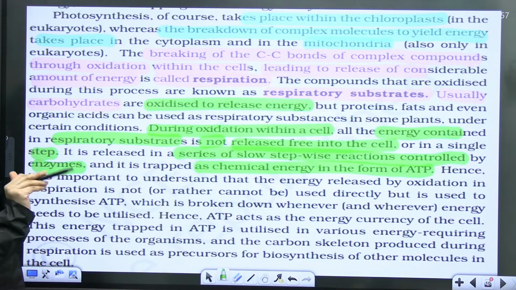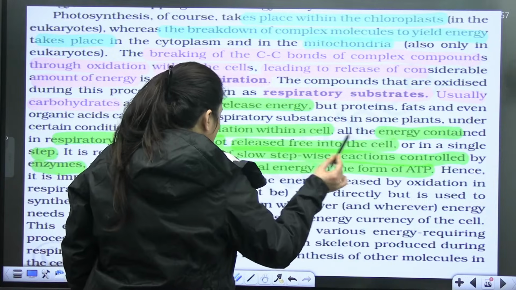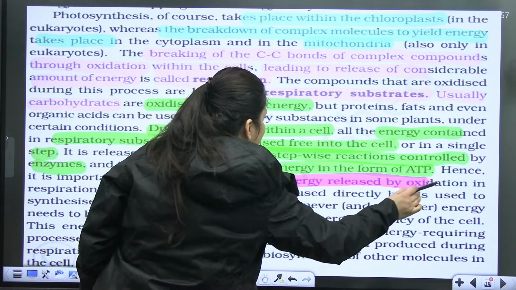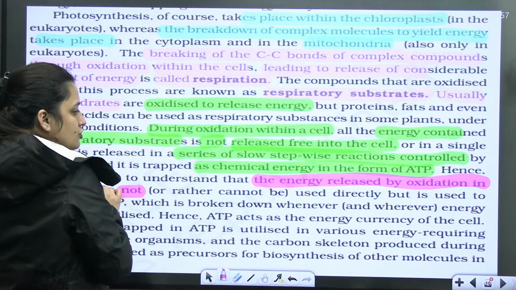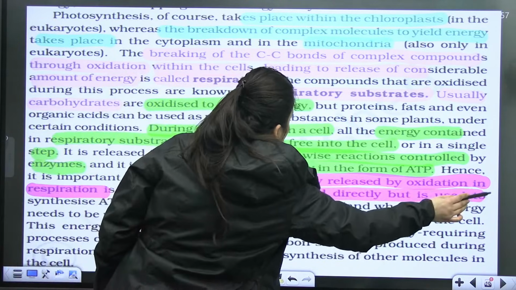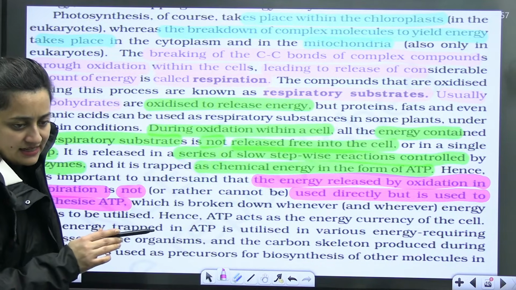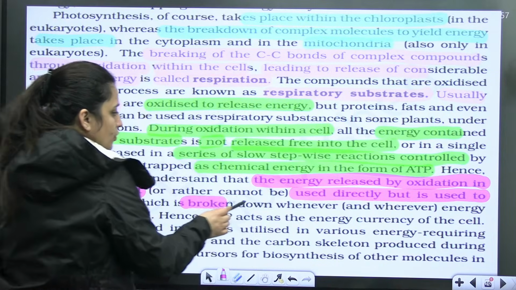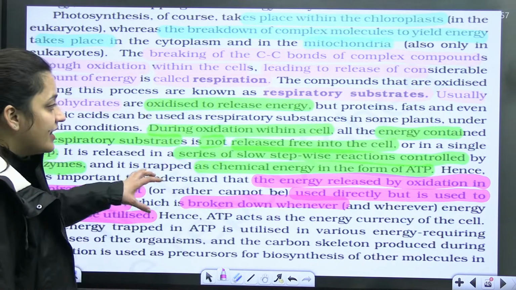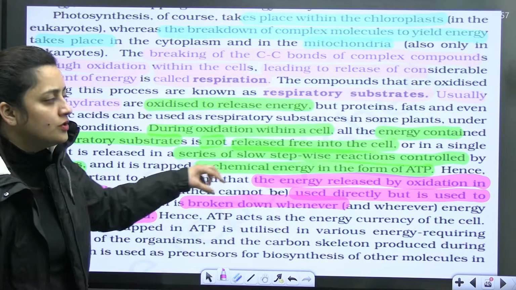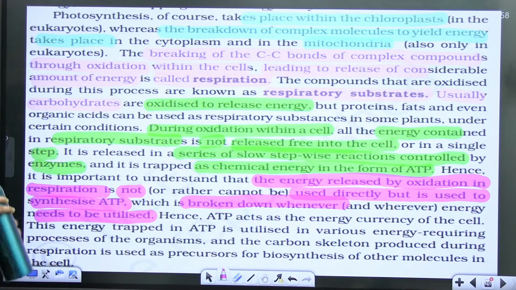So another important point: the energy released by oxidation in respiration is not used directly, but is used to synthesize ATP, which is broken down whenever energy needs to be utilized. So this energy is not used directly, but it is stored in the bonds here. Understood? So ATP is the energy currency.